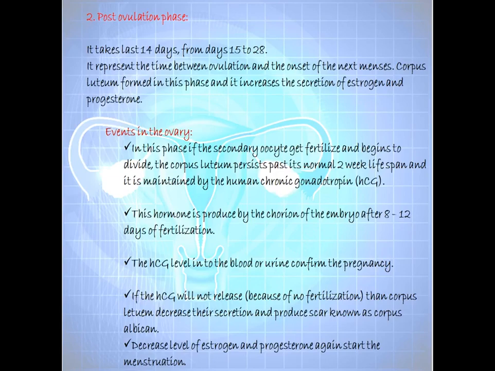The human chorionic gonadotropin level in the blood or urine confirms the pregnancy. If the hCG is not released, then the corpus luteum decreases its secretion and produces a scar known as the corpus albicans. Decreased levels of estrogen and progesterone again start the menstruation.